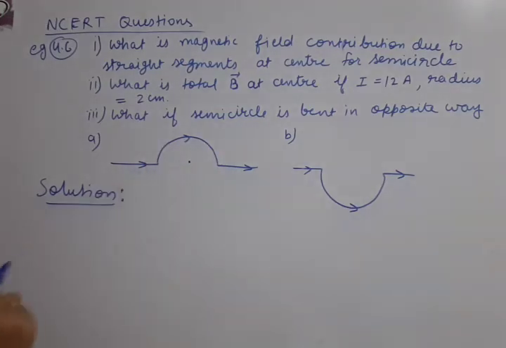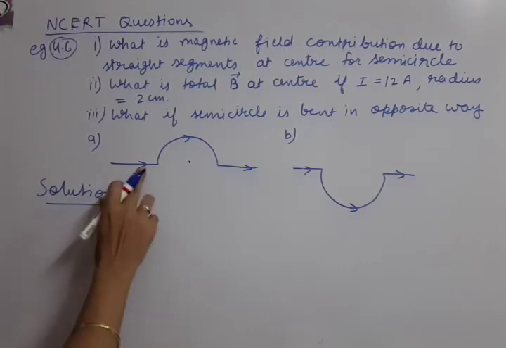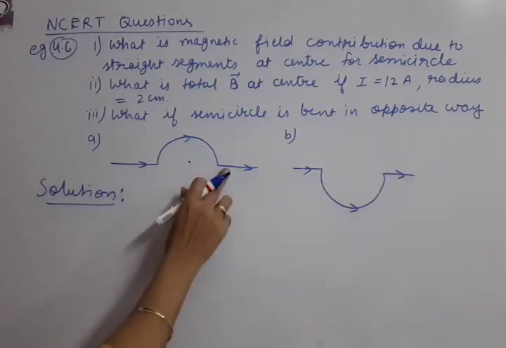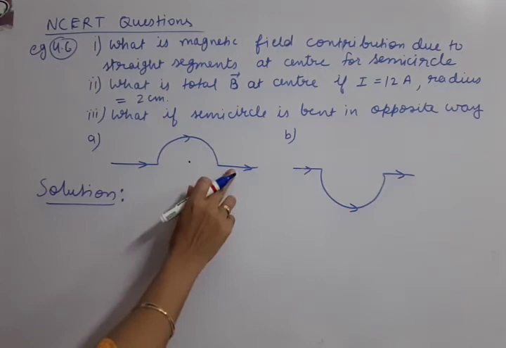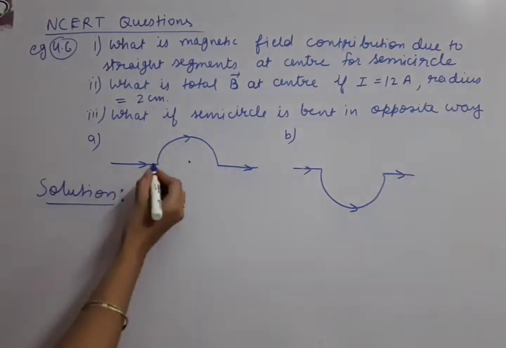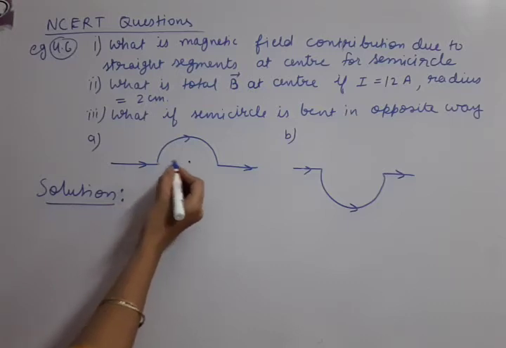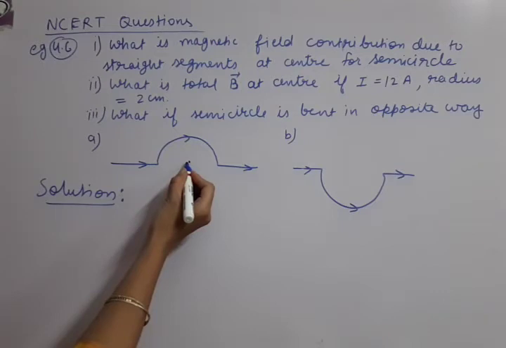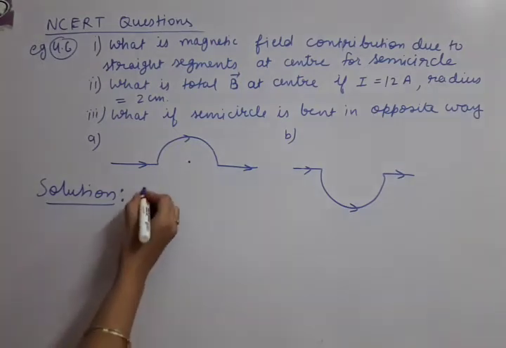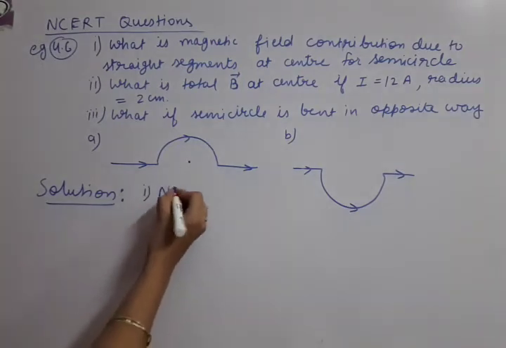Now at the center, will there be any contribution of magnetic field from these straight parts? These straight parts do not contribute any magnetic field here. So first answer is no.